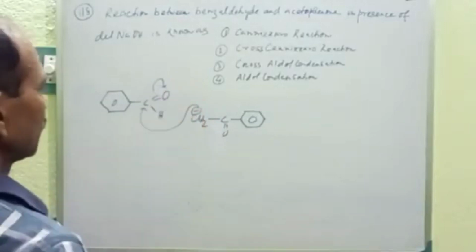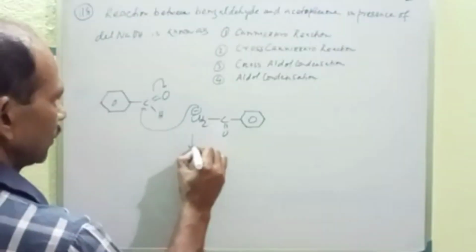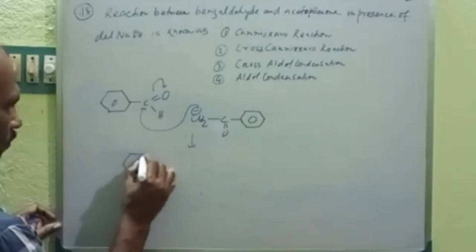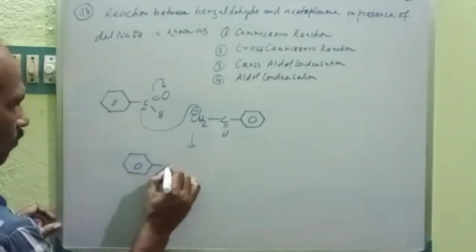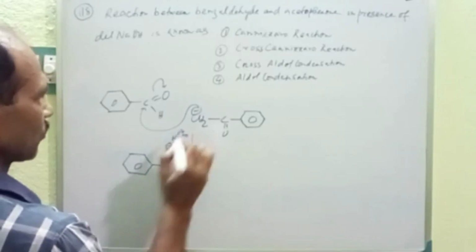The pi bond will break towards oxygen. Then it will generate an alkoxide, which takes a proton from water.